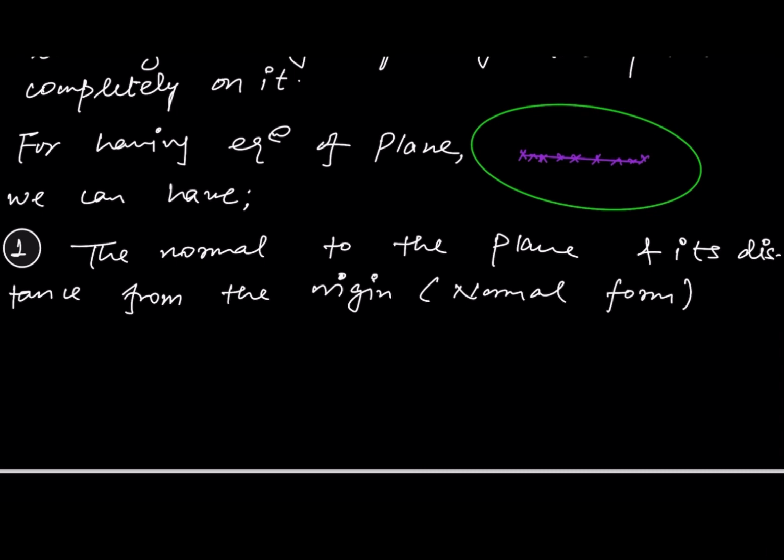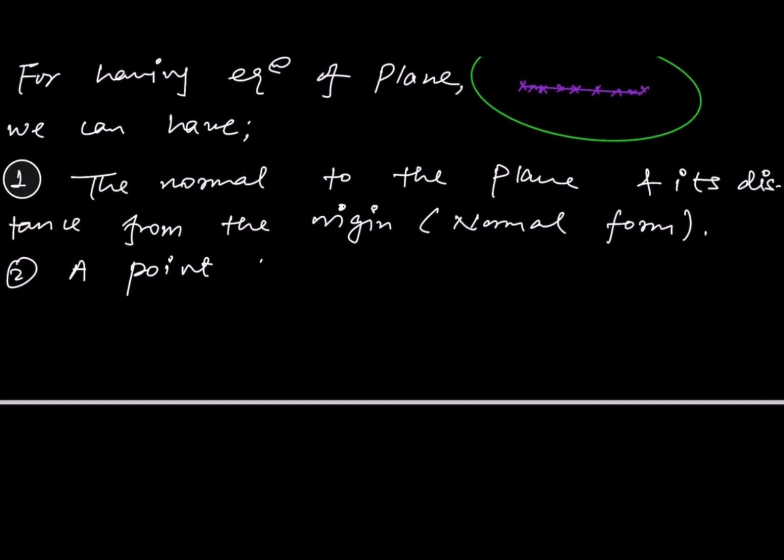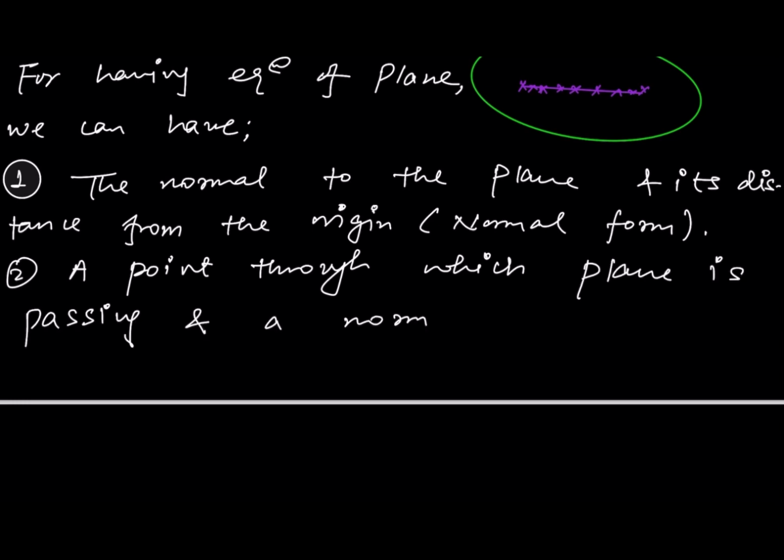If anyone is asking for normal form, then he is asking for the equation of a plane having a normal and a distance from the origin, right? Now the second case: a point through which the plane is passing, and a normal to the plane.